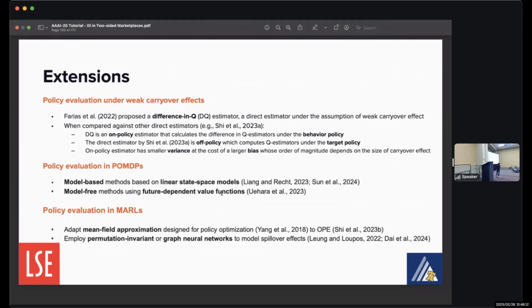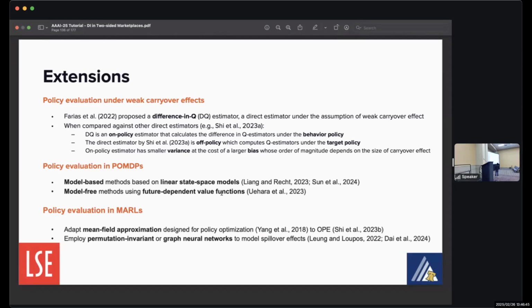Okay, so finally, so far we have talked about classical off-policy evaluation methods developed in the reinforcement learning literature, and recently there were some proposals developed for A/B testing under certain conditions.